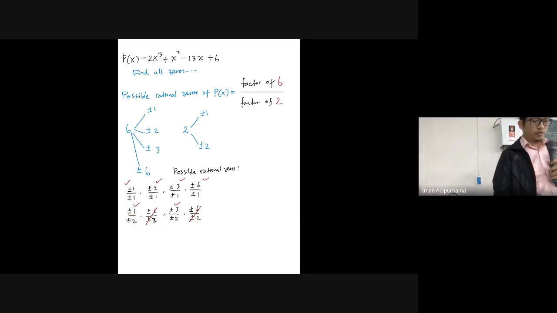Because 2 over 2 is the same as 1 over 1, and 6 over 2 is the same as 3 over 1, we can cancel these out, and we have at least these numbers to test.